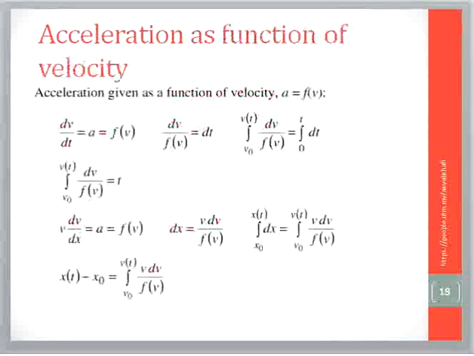Okay, the third function is acceleration as a function of velocity. A equal f(v). So a equal to f(v), and then a also same as dv/dt. So you can rearrange this. Okay, why do we put dt toward right and f(v) toward left?